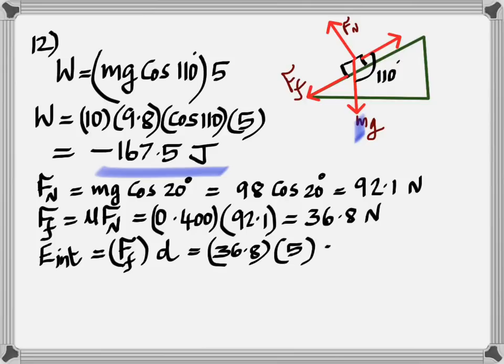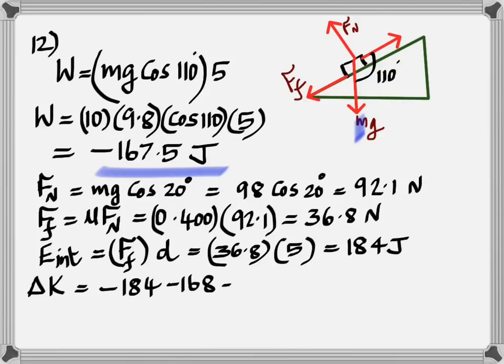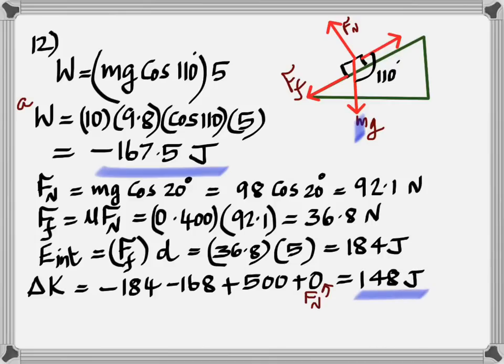Therefore, just find the work against friction. That's 184 joules. Change in kinetic energy is the difference between the two. So when you take all those, you get 148 joules.